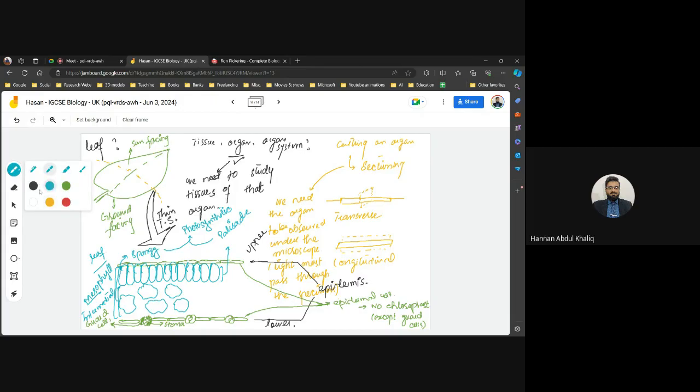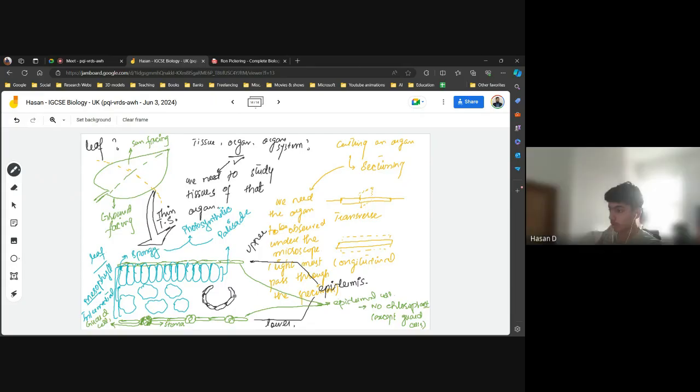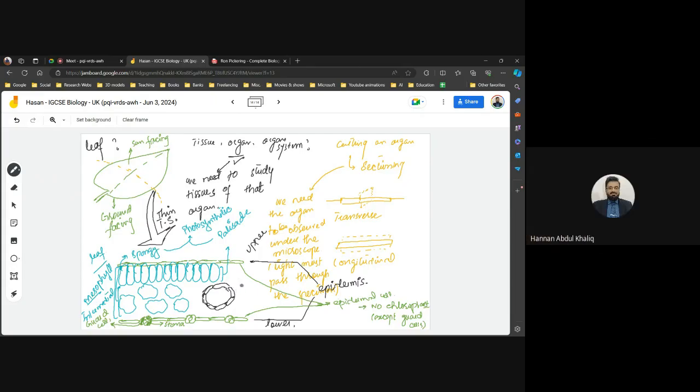Okay, next. What else would you find in this particular leaf? Another very important tissue, the xylem. This is called the vascular bundle.